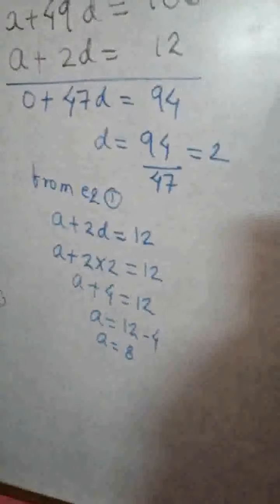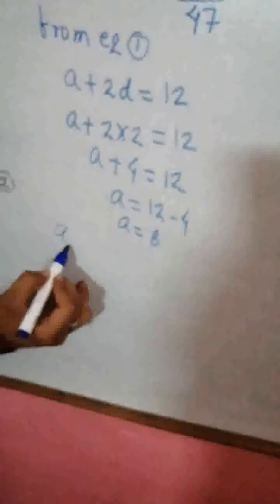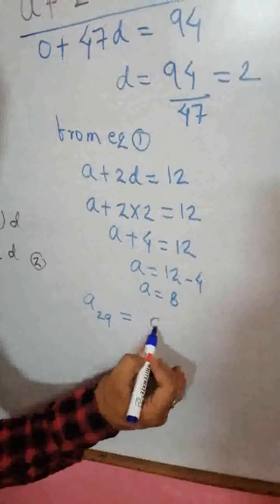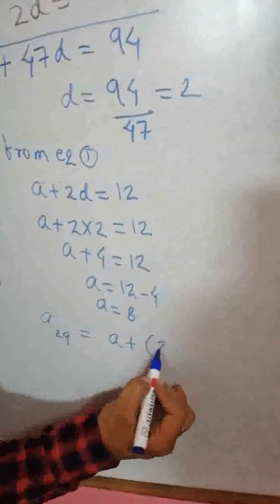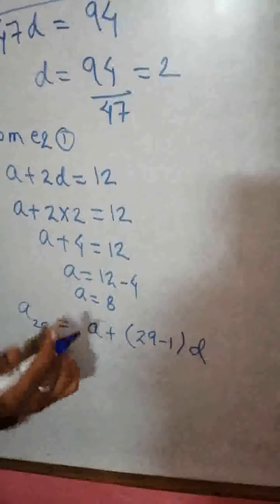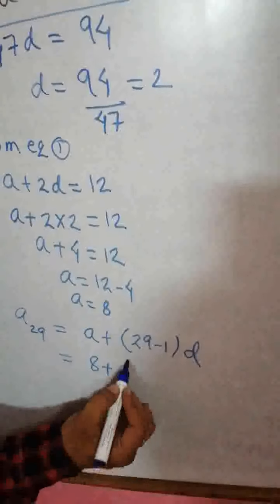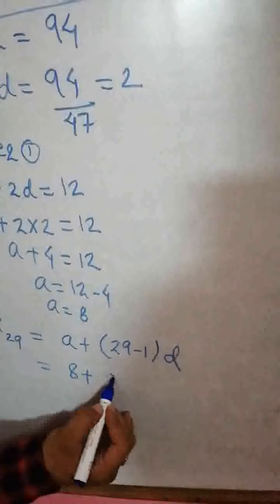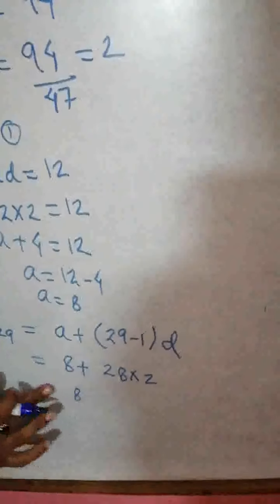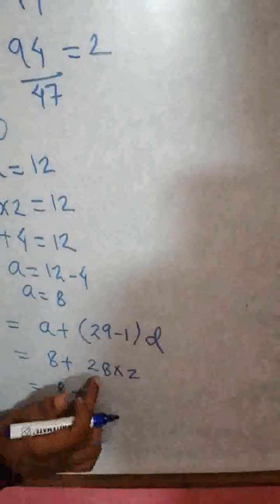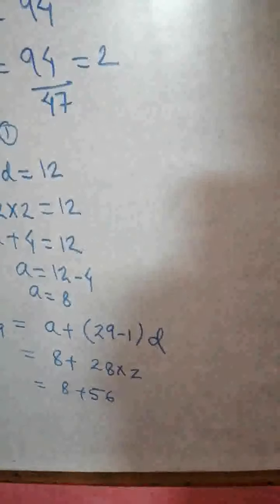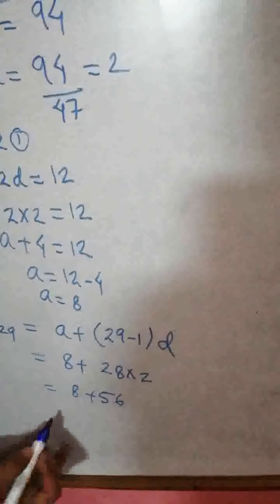Now we can easily find the 29th term. a_29 will be equal to a plus (29 minus 1)d. Here a is 8, 29 minus 1 is 28, d is 2, so 8 plus 28 into 2, which is 56.